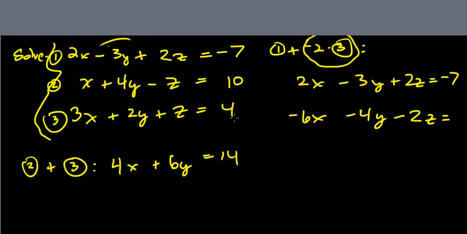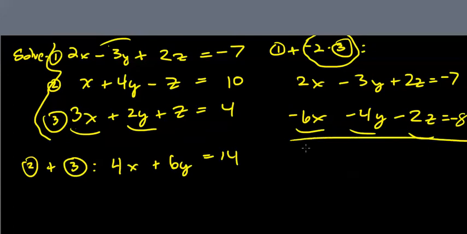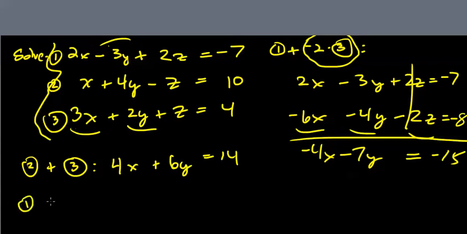Hang on a minute. Alright, so minus 6x, 2 times minus 3 is minus 6x, minus 2 times 2y is minus 4y, minus 2 times z is minus 2z, minus 2 times 4 is minus 8. And if I add these, I get a minus 4x, minus 7y, the z's cancel out, and indeed I do get a minus 15. Alright, so let me write that down here.